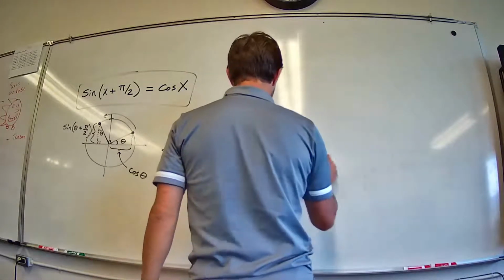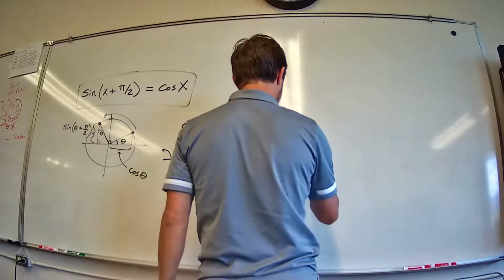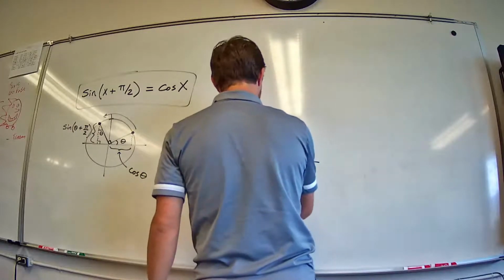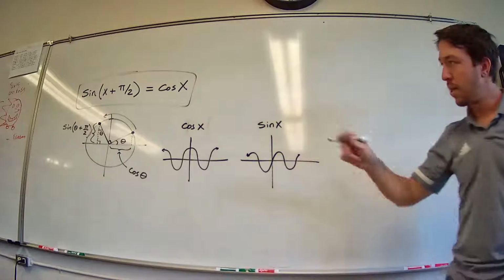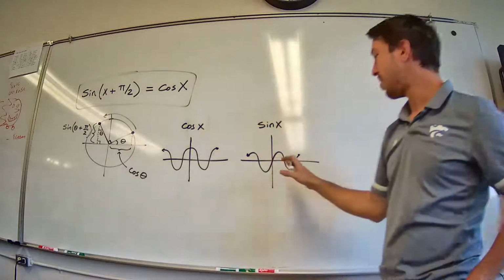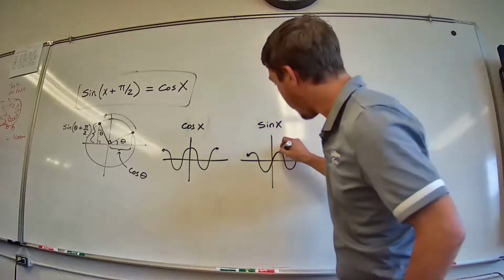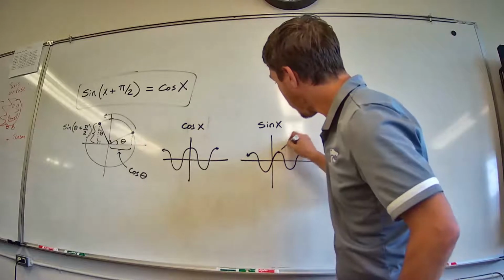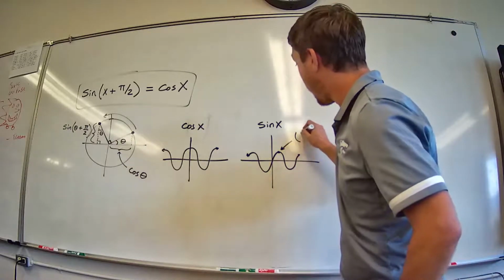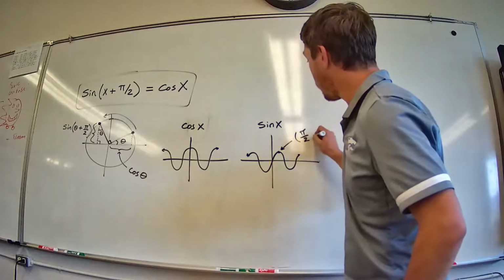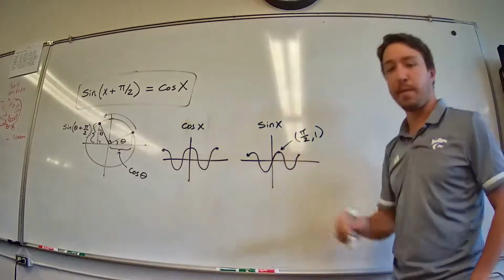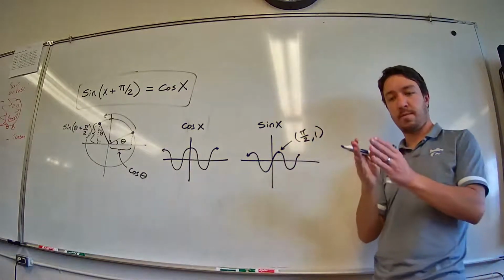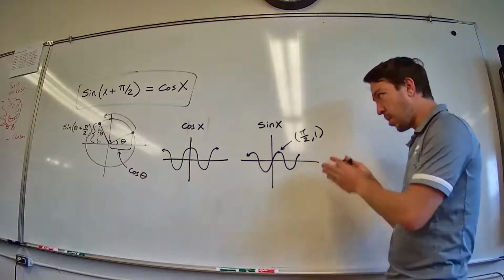The sine function is the same shape, but it's shifted. So that's the key to understanding this identity graphically: where is this point right here? Pi over 2, yep. So pi over 2, 1 is a very prominent point on the sine function.